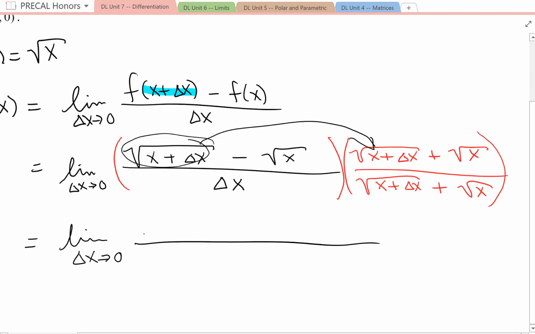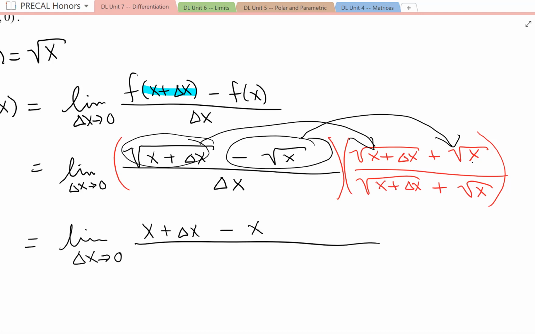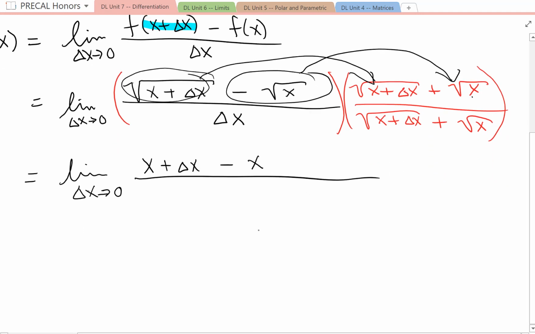The square root is removed and we're just left with x plus delta x. When you multiply the outer and the inner terms, they will cancel to 0. So we will multiply this by this, negative root x times positive root x, and we will get negative x. All right, that's our numerator because that middle term reduces to 0. That's the whole purpose of multiplying by the conjugate.